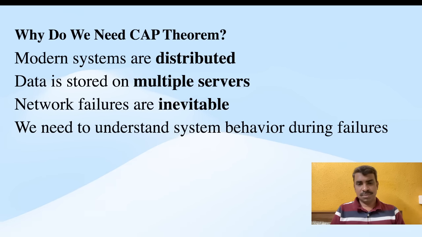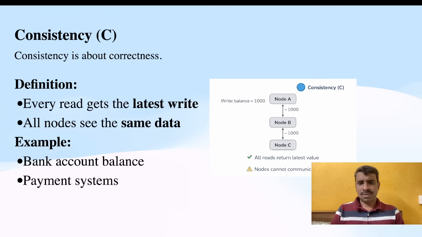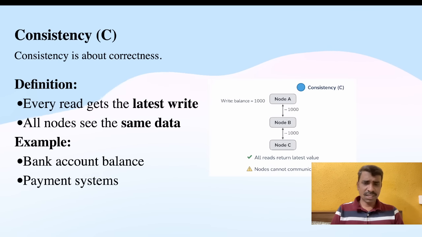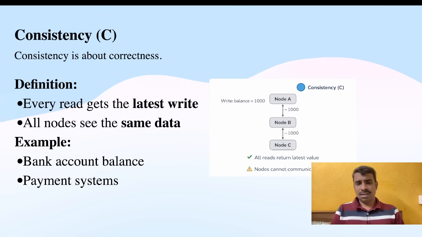That's what consistency guarantees. So you can see nodes A, B, C. Every node has the same value. So from which node you are reading doesn't matter, you will get the same value. It is structured in such a way that you will always get the correct value.